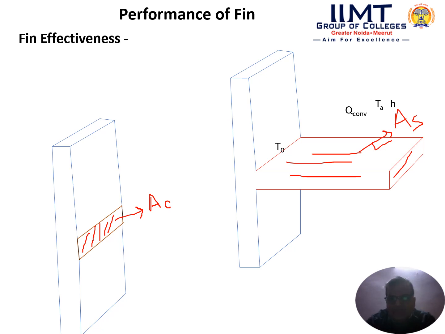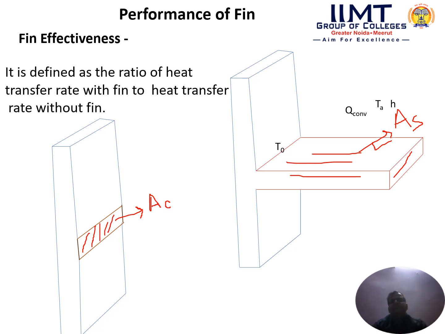Clear? Okay, then in that case, this is the ratio of heat transfer rate with the fin divided by without fin, when we are using fin and when we are not using fin. That ratio of these two will give the effectiveness of the fin. That means it is defined as the ratio of heat transfer rate with the fin, which we have calculated for the case number 1, case number 2, and case number 3.